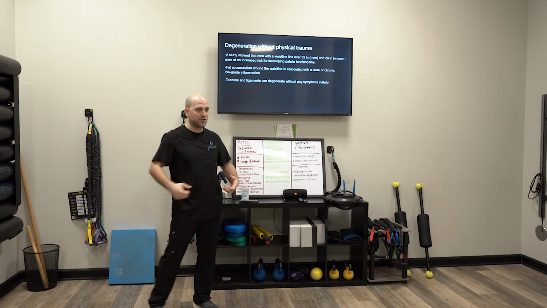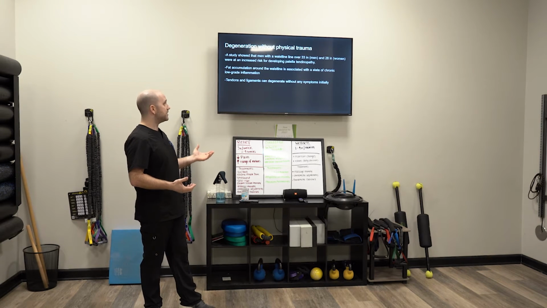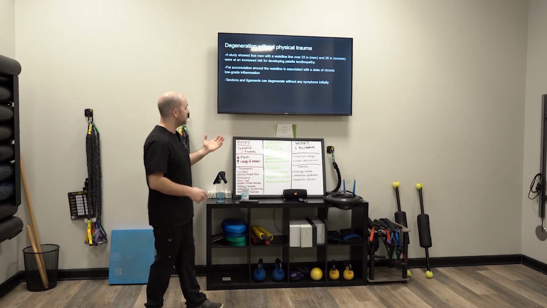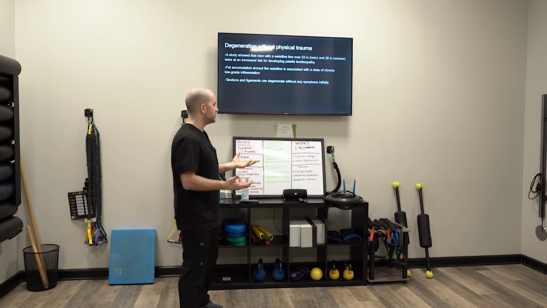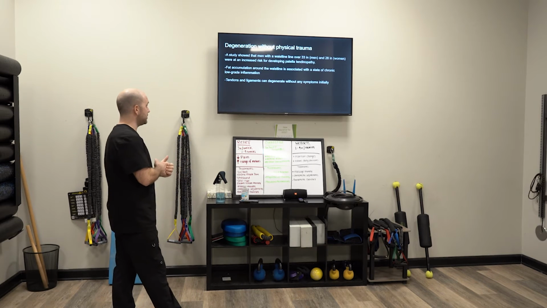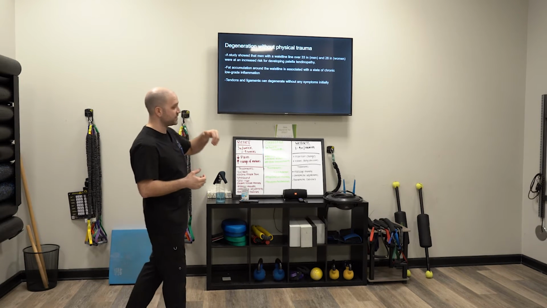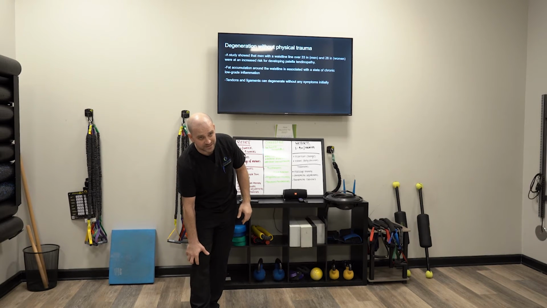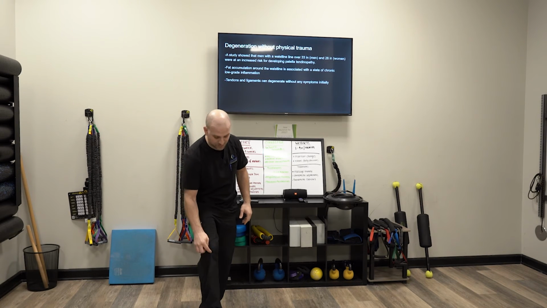So what this study showed is, there's BMI and then there's waistline measurements. When they looked at baseline waistline measurements, in men with waistlines over 33 inches and women over 28 inches, you're at an increased risk for developing patellar tendinopathy. That's basically tendinitis of your knee, that little tendon that goes right at the front of the knee.